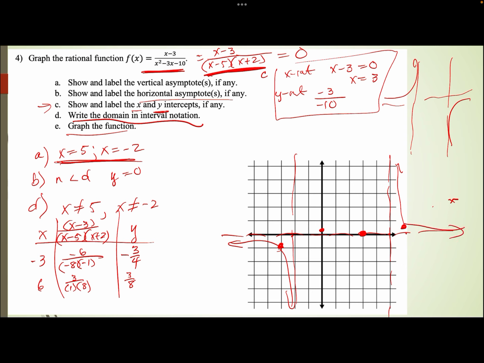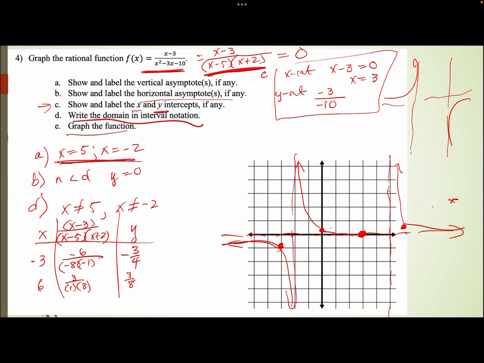Then on the inside, I need to check and see what's happening. But remember, they chase the asymptotes. Once it starts chasing an asymptote, it doesn't turn around and go chase the other one. See how this one is already going up? So I know it's going here, just from my x and y intercepts. But now I need to see if this side, from this point, is it going up or is it going down?